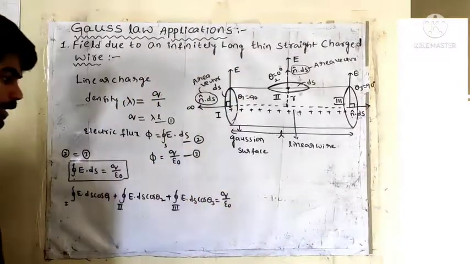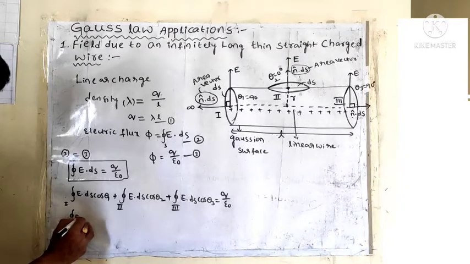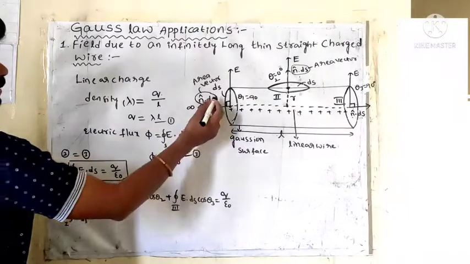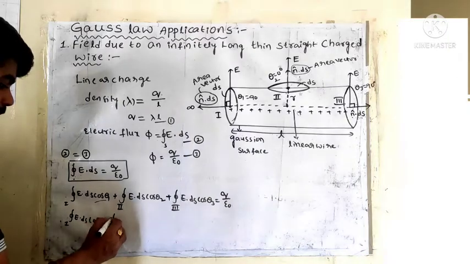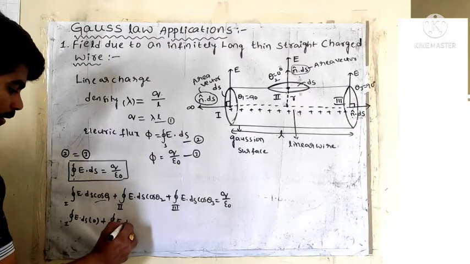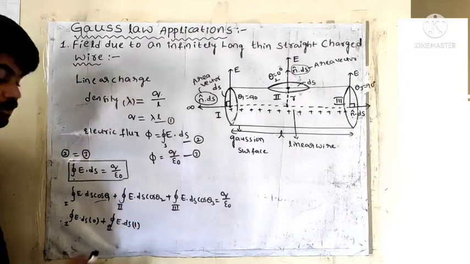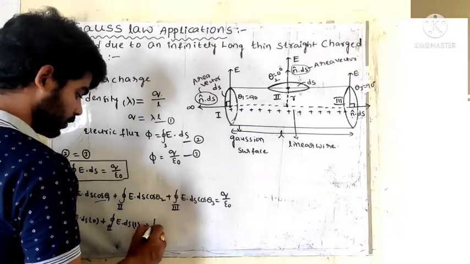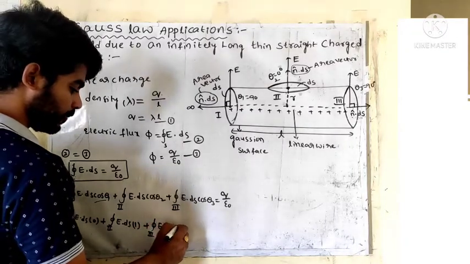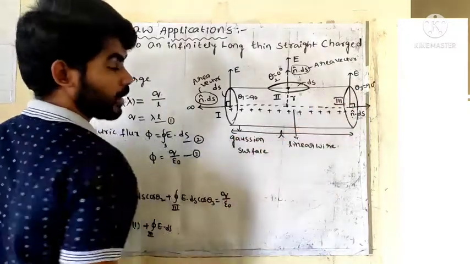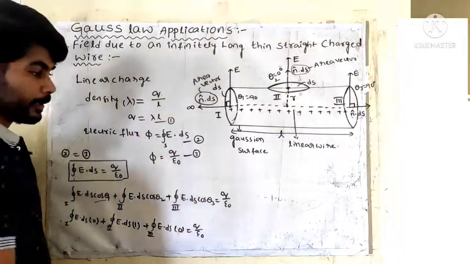Here in the first region, theta 1 is 90, cos 90 value is 0, plus from region 2, E dot ds cos theta 2, where theta 2 is equal to 0, so we get only E dot ds, plus the closed surface integral of region 3, E dot ds, again cos theta 3 is 90, cos 90 is 0, is equal to q by epsilon naught.